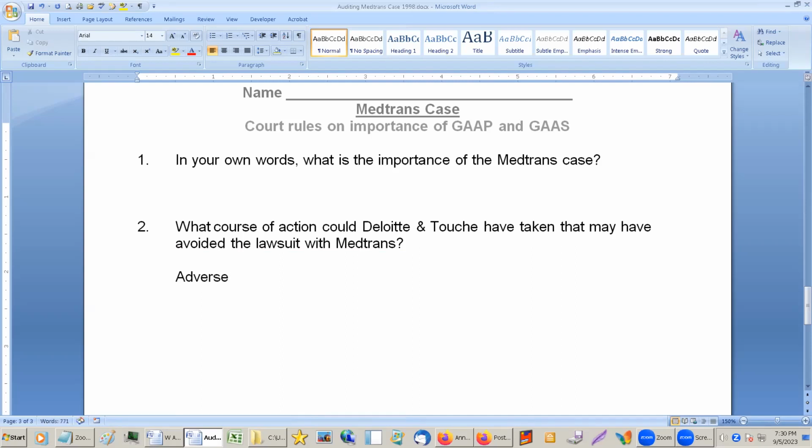We can put this into a second top line. They are required to give an audit report. So they could just give an audit report that is an adverse audit. So this would have probably been the smarter way to go.